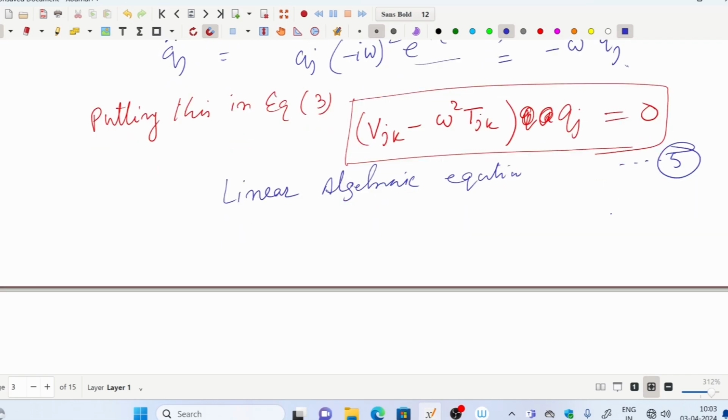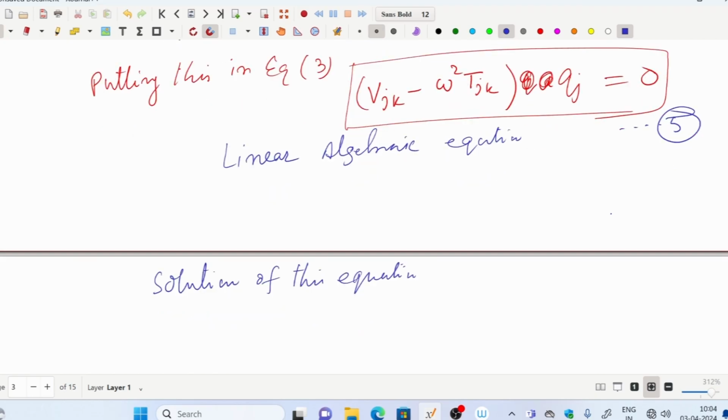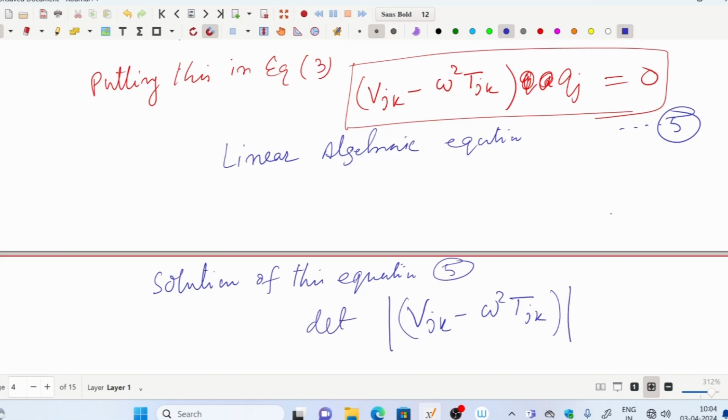A solution of this equation will exist if, as is a known result, the determinant of the coefficient matrix V j k minus omega squared T j k is 0.